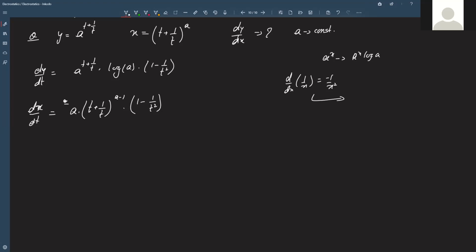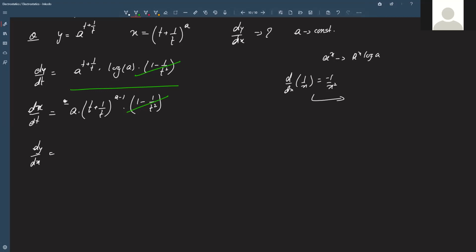So when we have to find dy by dx, we have to divide these two, right? So dividing these two, that means this and this got cancelled. Correct?